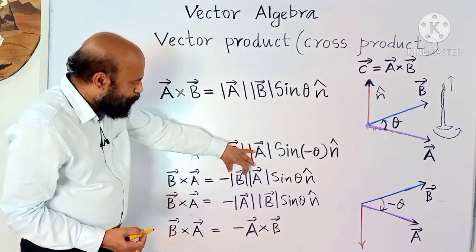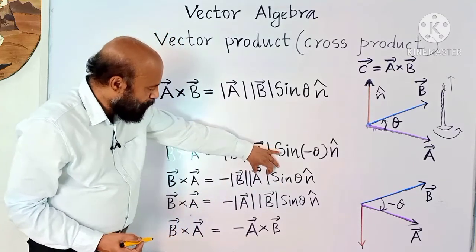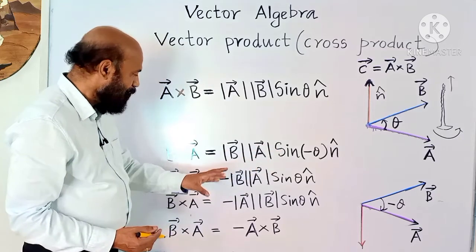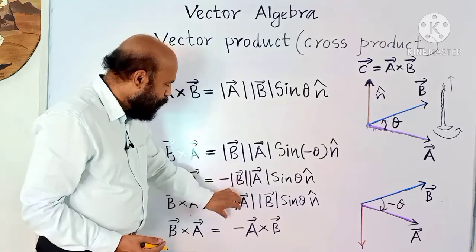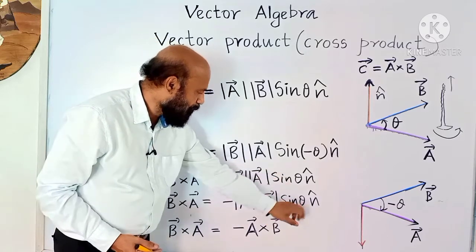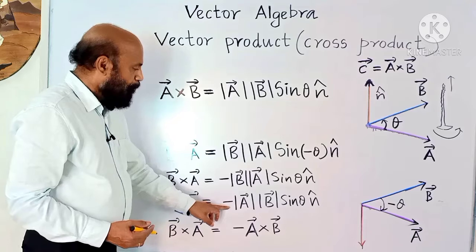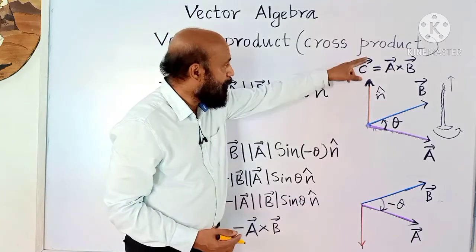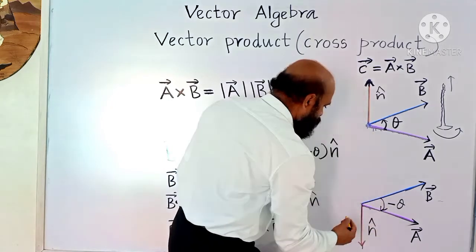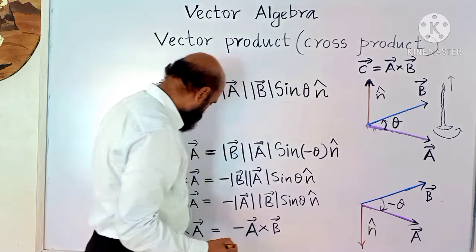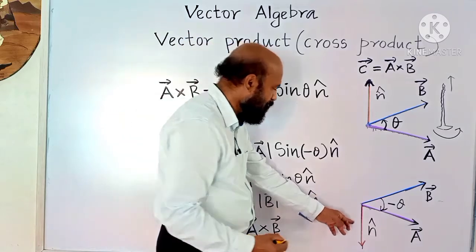Modulus of B and modulus of A are scalar quantities, and multiplication is commutative, so this can be written as modulus of A, modulus of B, sine theta n cap, with a minus sign. Minus n cap will be in the downward direction. So this is the direction of B vector cross A vector.